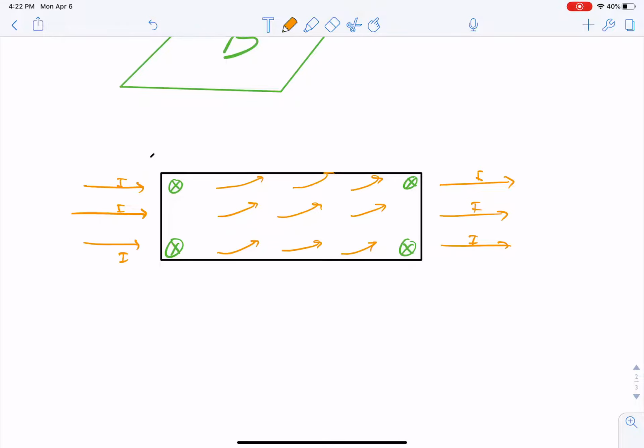So what happens is that it's pulling the electrons away from this side, and we're thinking of the conventional current. With building up charge at this side, so if there's positive particles flowing through here, it'll build up positive charge on that side, and it'll leave behind a negative charge on the other.